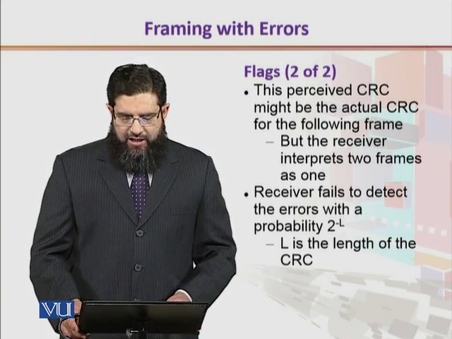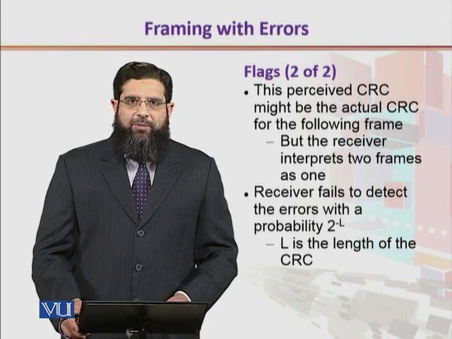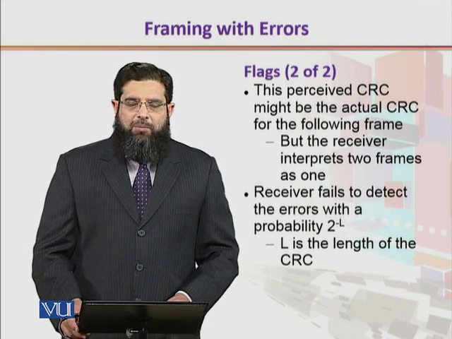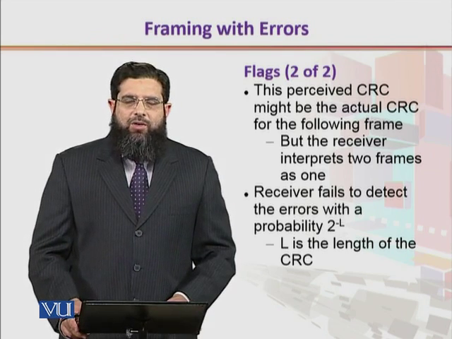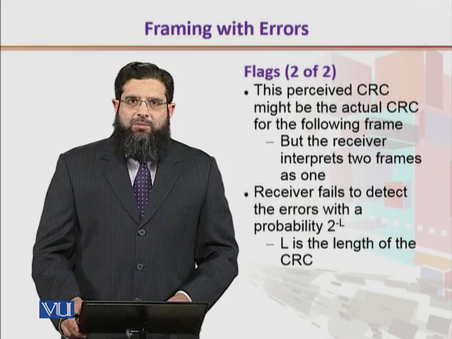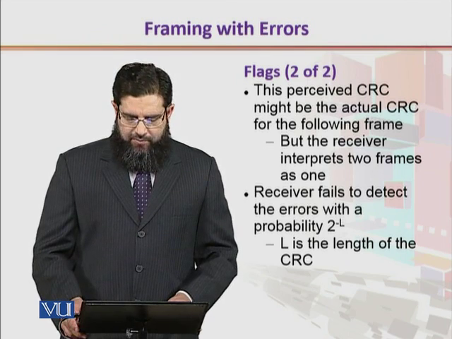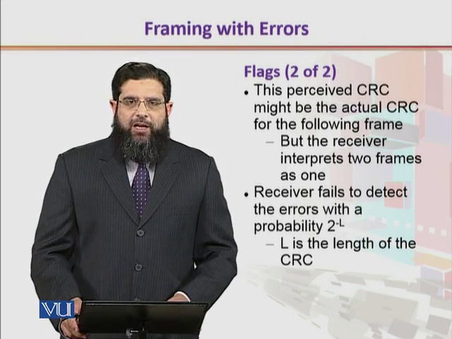Now this perceived CRC might be the actual CRC for the following frame, but in reality it could also be the filler bits, which is nothing but random garbage data. So the receiver interprets 2 frames in place of 1.